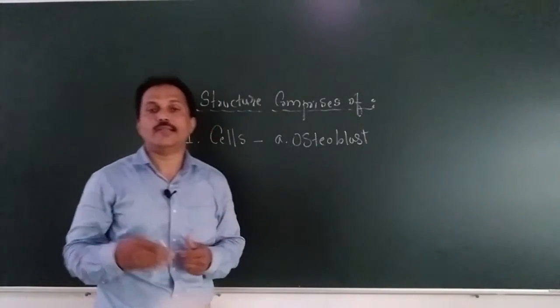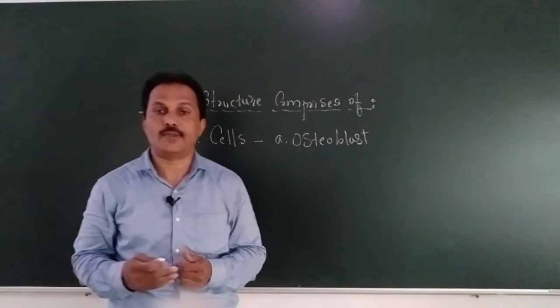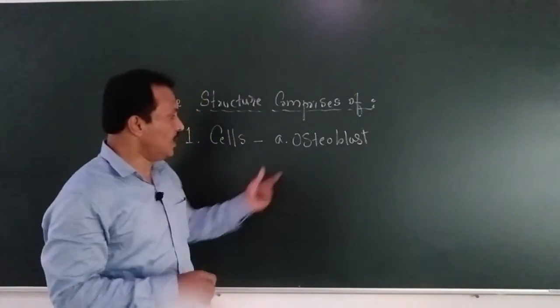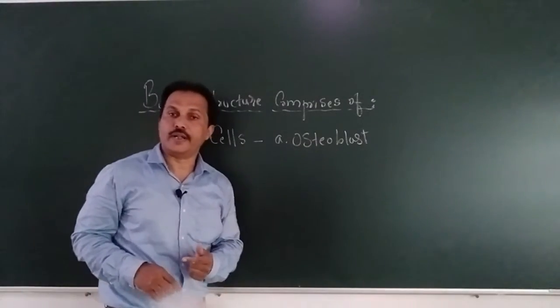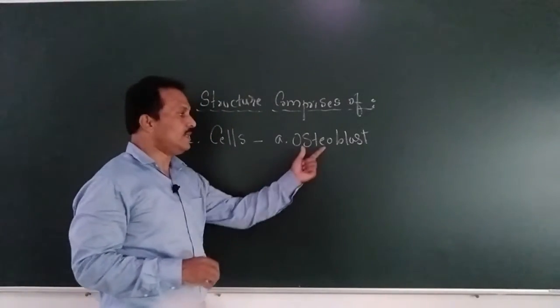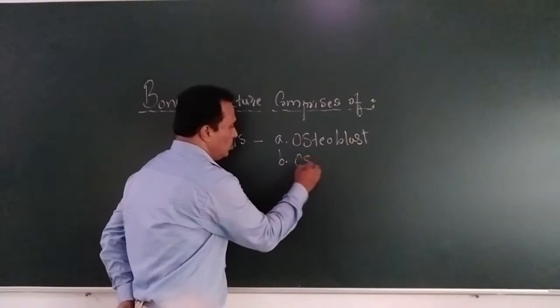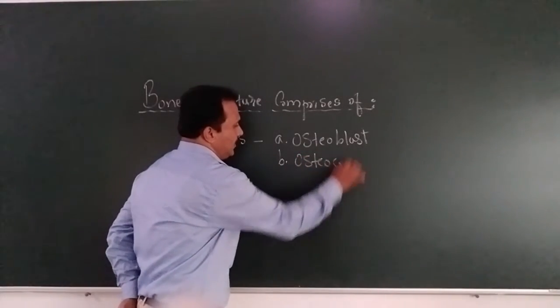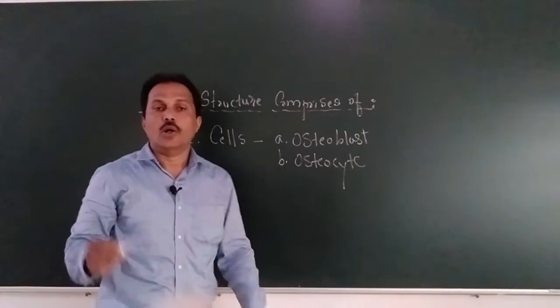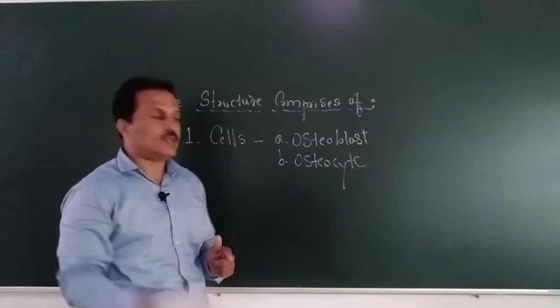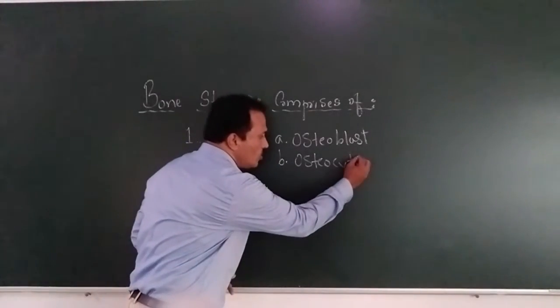Osteoblast, once it secretes the hardest matrix substance, once it is surrounded by the matrix substance, this particular cell becomes mature and gets converted into osteocyte, what we call a true bone cell or true mature bone cell, that is nothing but the osteocyte.